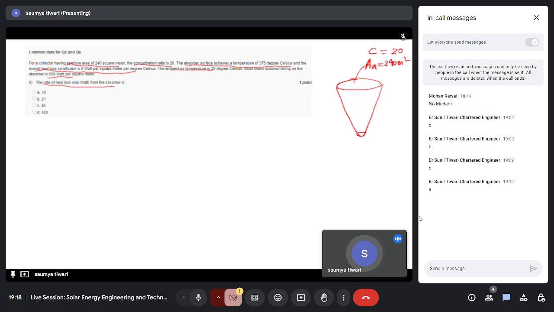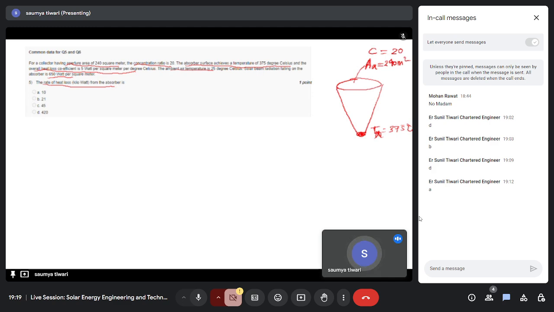The absorber achieves a temperature of 375 degrees. So if this is your absorber, its temperature is given. Let's mention this by R. So 375 degrees.